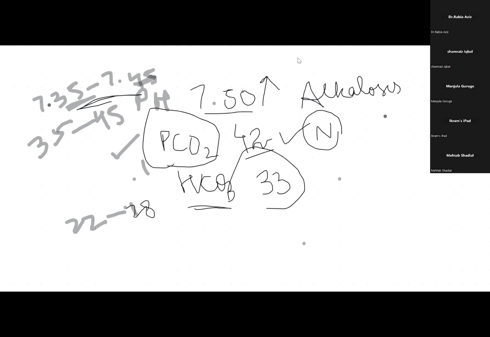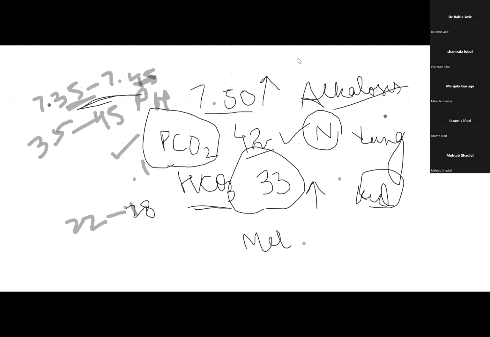Write lung here and write kidney here. So this is alkalosis and this is because of the kidney. So it is metabolic alkalosis. This is very simple again. Understood? Now moving towards the next example.